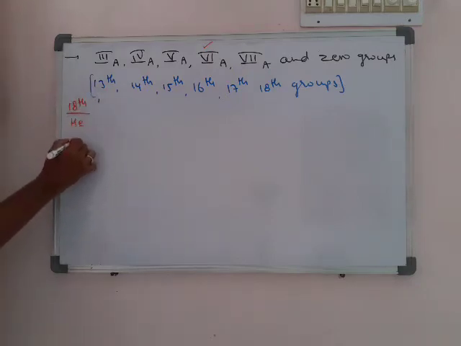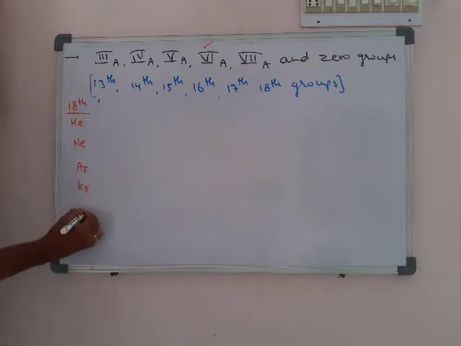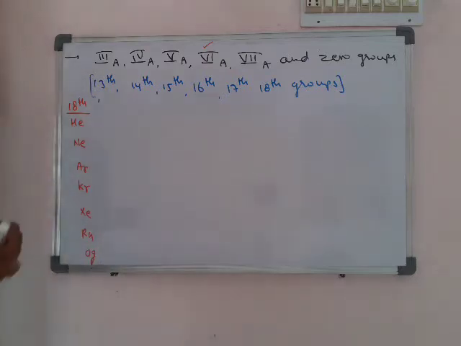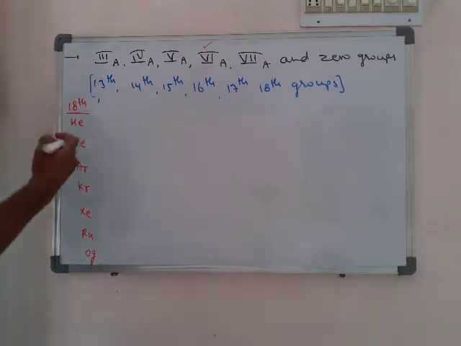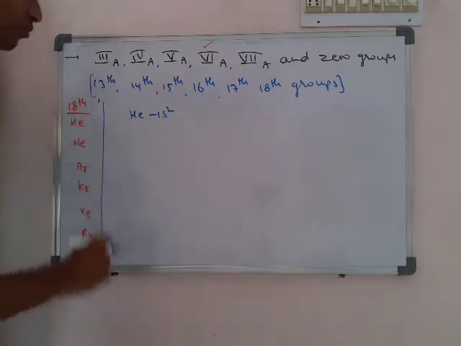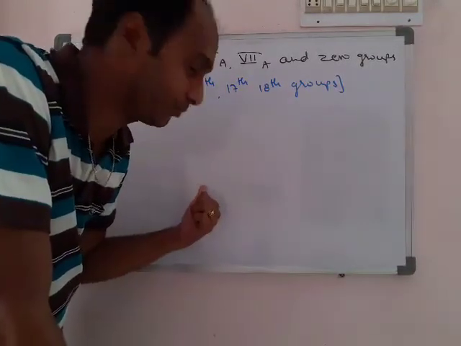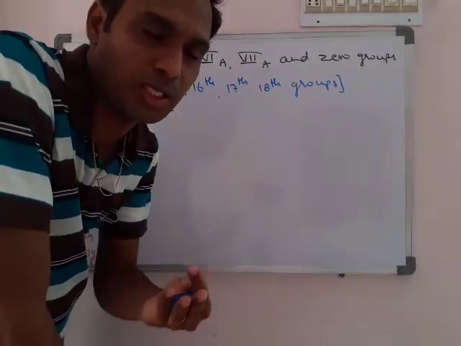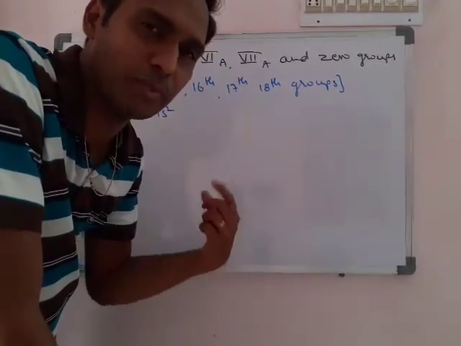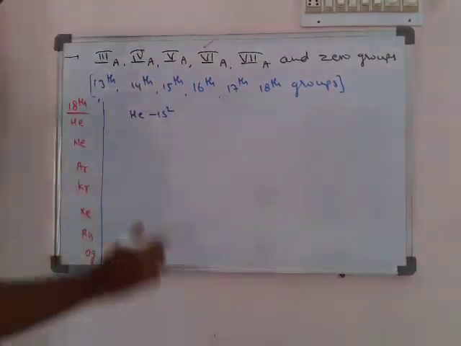That is helium, neon, argon, krypton, xenon, radon, oganesson. Okay, so we check helium: 1s2. So it is the only one different thing. So the outermost, newly entered electron is in the s subshell. So it should be in the s block. But due to its properties, it is placed with noble gases. So we also treat it as a p block element. Since it comes in the same group, it also comes under the p block group. That is the only exception.